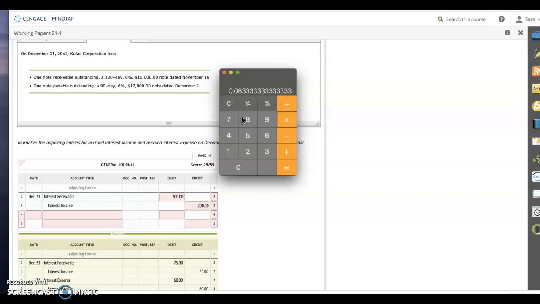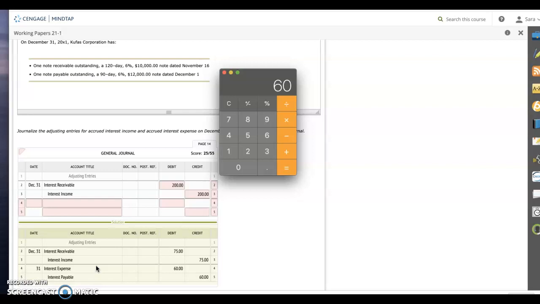Okay, 12,000 times the 6%, 720. So 30 divided by 360, times 720, which got me my $60 here for that.